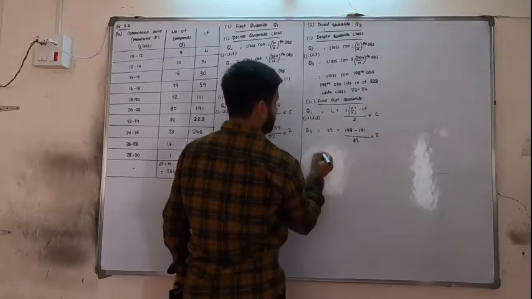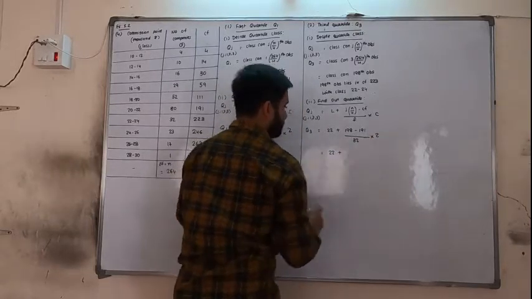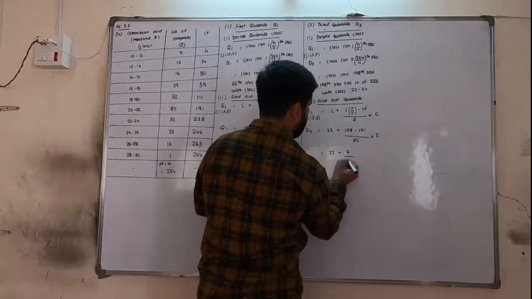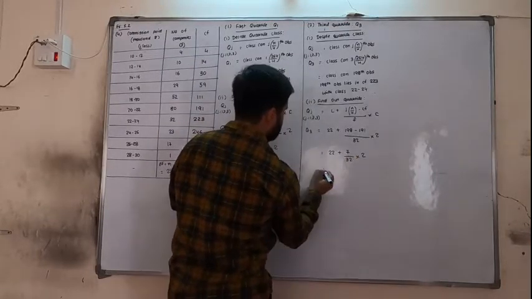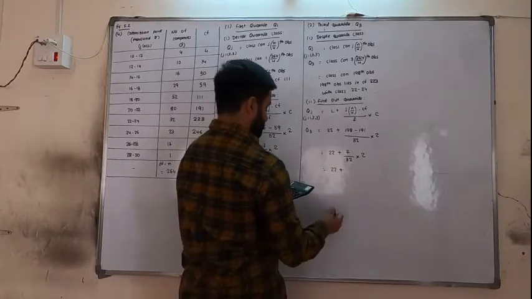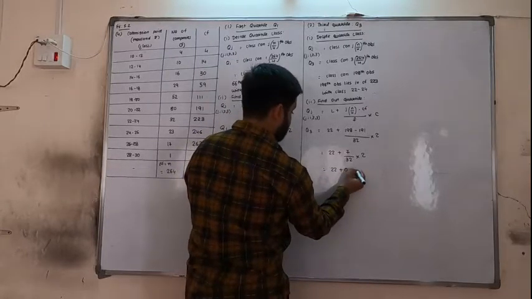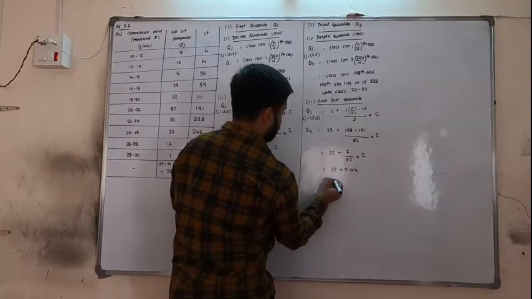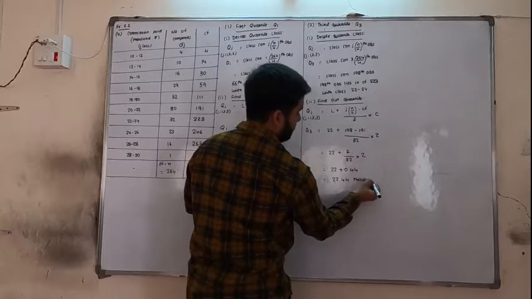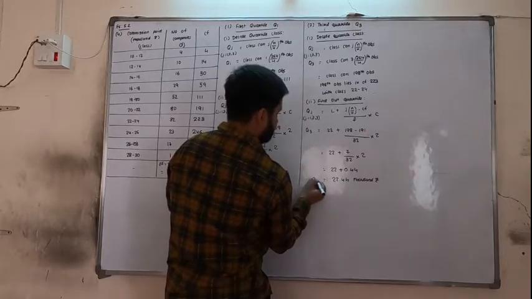So 22 plus (198 minus 191) is 7 by 32 into 2. So 22 plus 7 into 2 by 32 is 0.4375, so 0.44. The answer will be 22.44 thousand rupees.